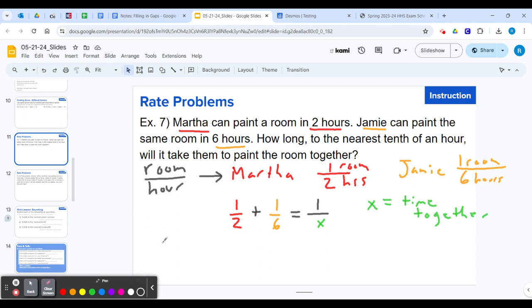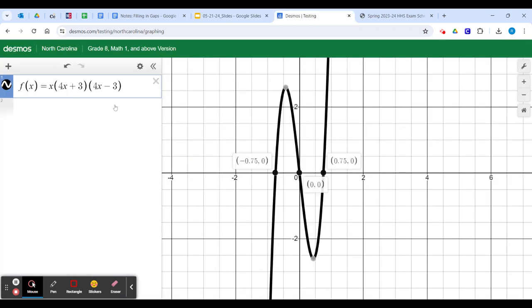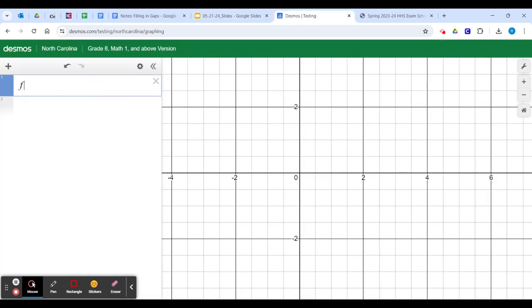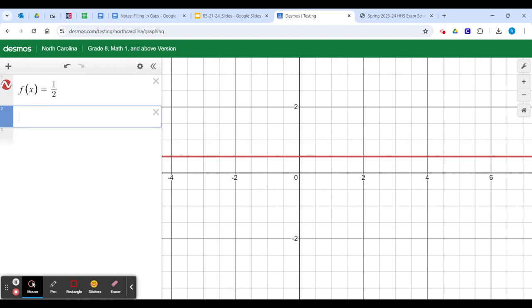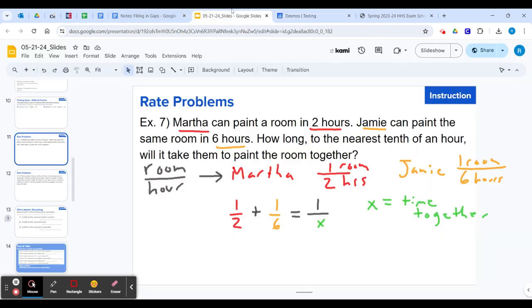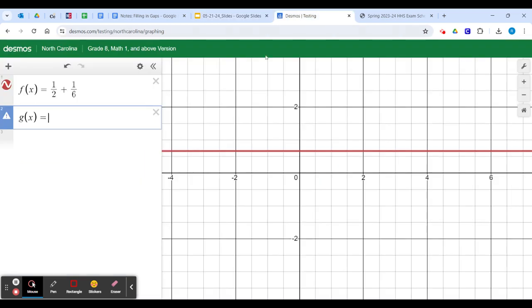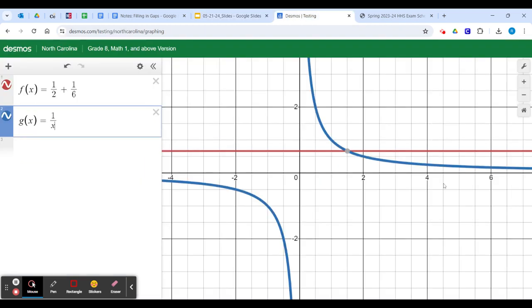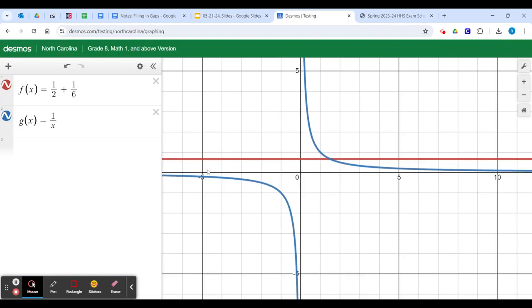Now, if we have this problem, we're just going to work on solving it graphically to make sure that we're practicing that skill as well. We have a left side of our equation, 1/2 plus 1/6. I'm going to throw that in there. f of x equals 1/2 plus 1/6. And my other function, g of x, is going to be equal to that right side of the equation, 1 over x. I'm not concerned about the left side of my graph because those are negative values.